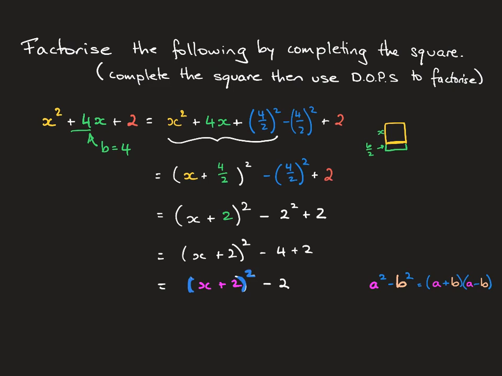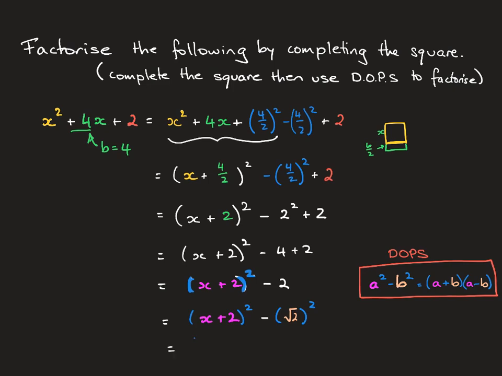And we need our second thing to be something squared. And so what we're going to do is we're going to write the 2 as the square root of 2 squared. So now we can use our difference of perfect squares pattern, DOPS, and we can write our equation that we've got here as fully factorized terms.